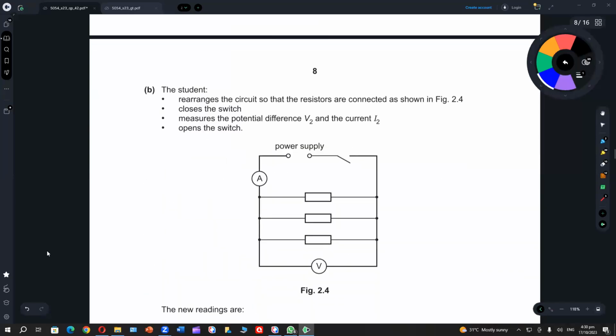The student rearranges the circuit so that the resistors are connected as shown, closes the switch, measures the PD and the current.